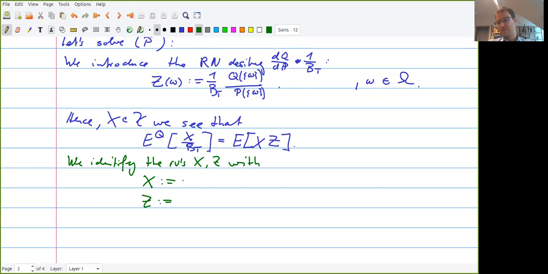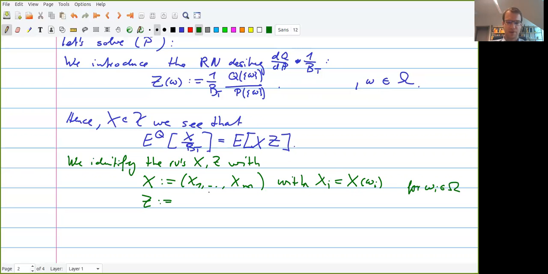Because this is a one-to-one correspondence here, right? Since our probability space has m elements, we have m different entries, and this entry xi is given by the random variable evaluated at omega i, and omega i is an element in omega.